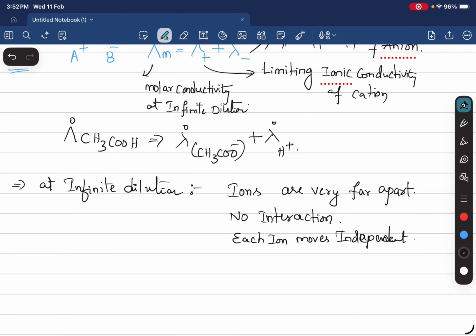So what we can conclude from this: conductivity becomes the sum of individual ionic contributions.